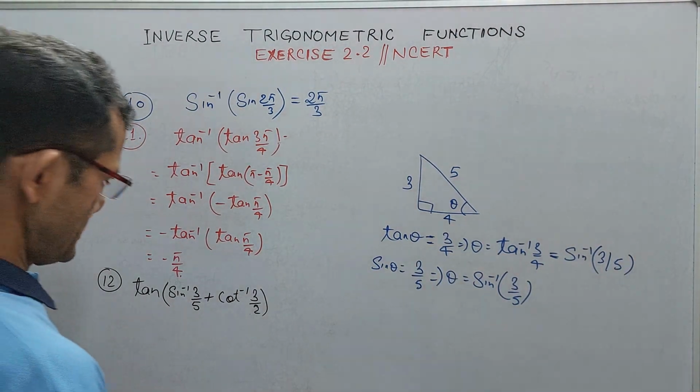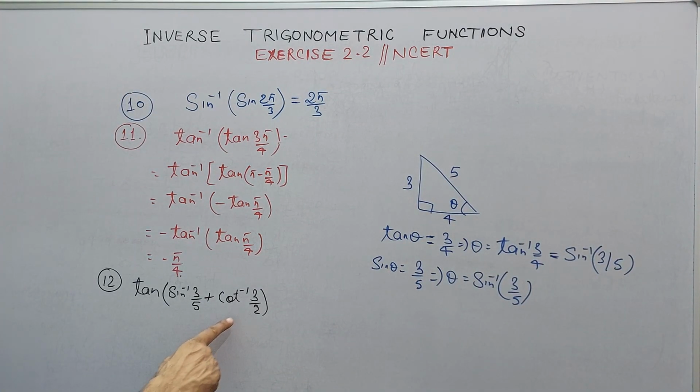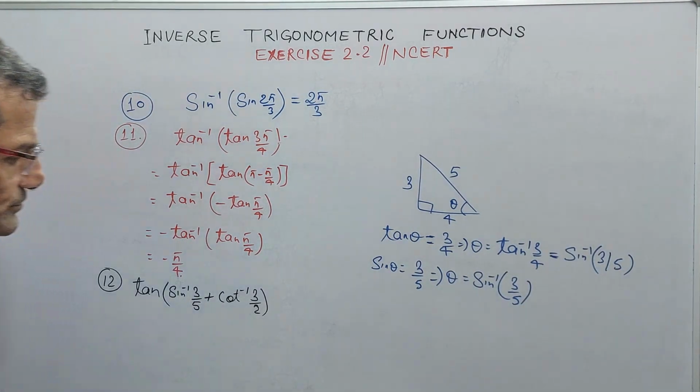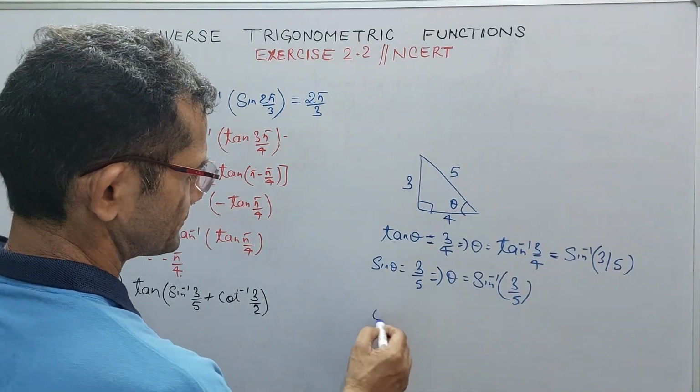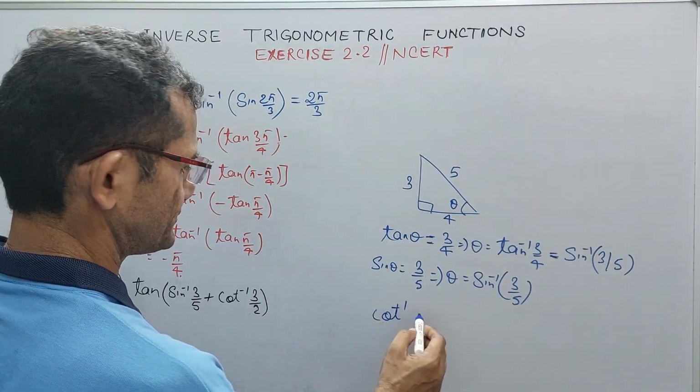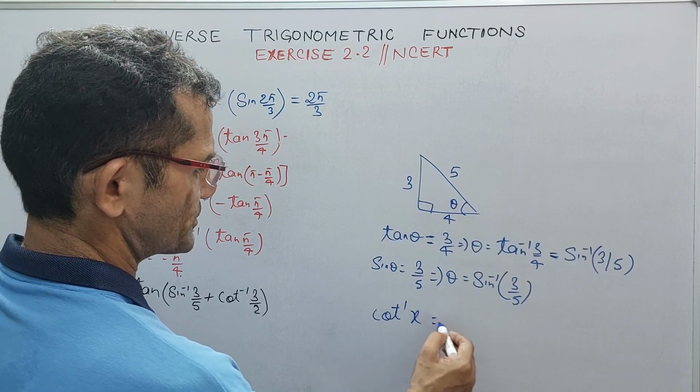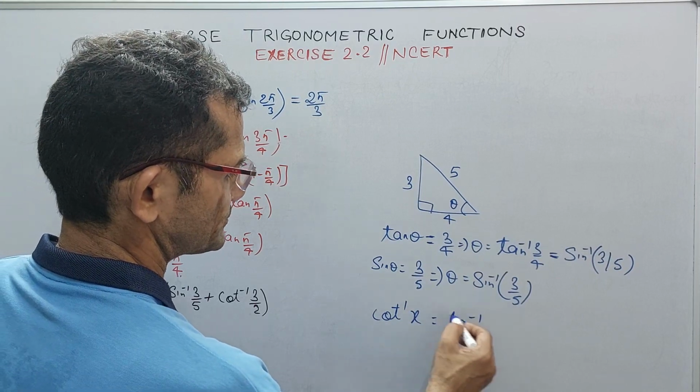Next one, cot inverse 3 upon 2 is handled the same way. We know cot inverse x is equal to tan inverse 1 by x.